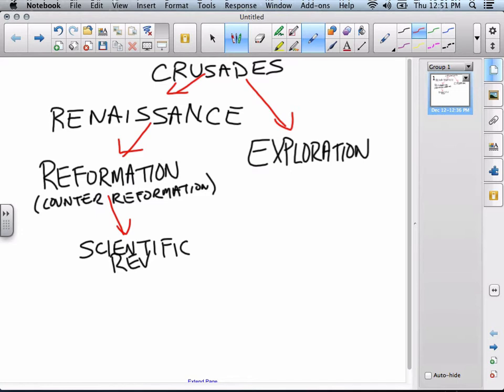New inventions and technologies that came about as a result of the scientific revolution. Yes. Things can be caused by and impacted by multiple things.